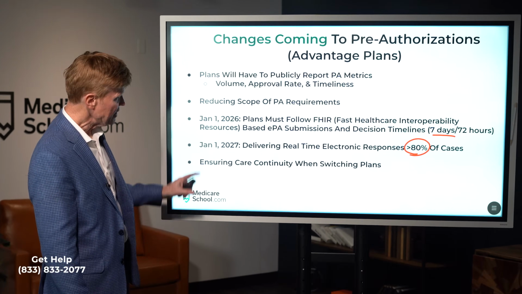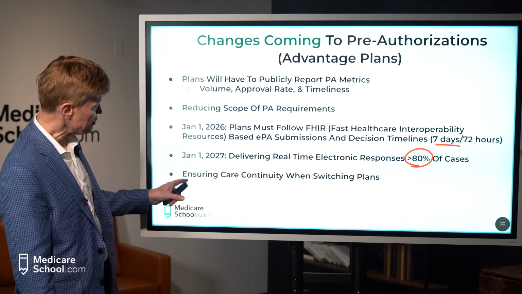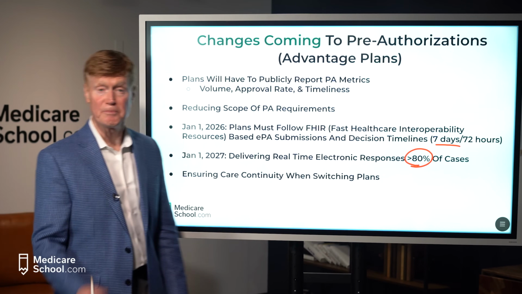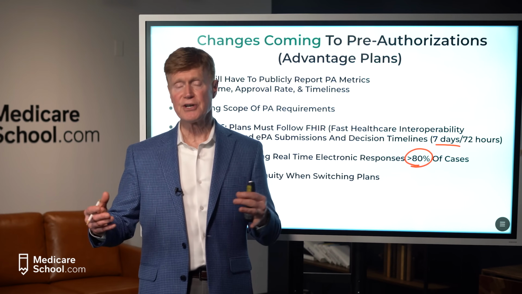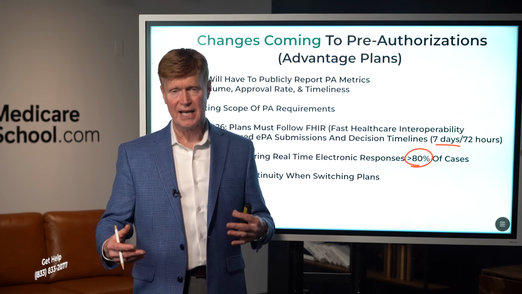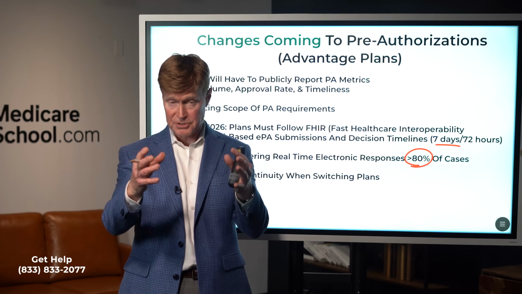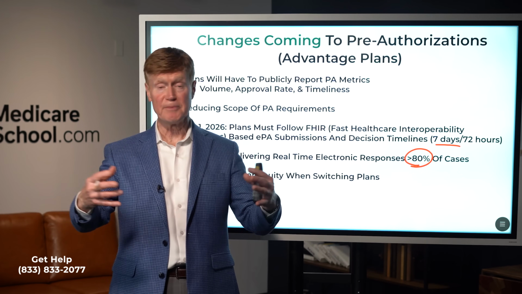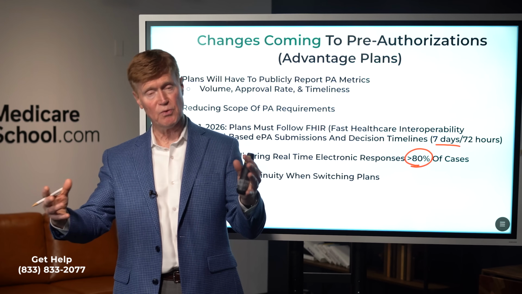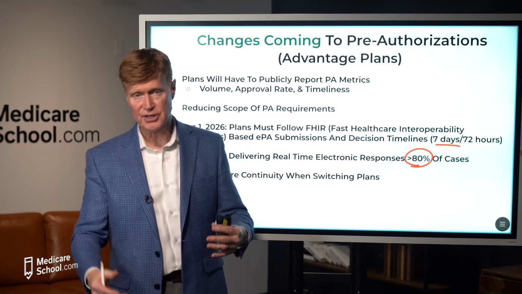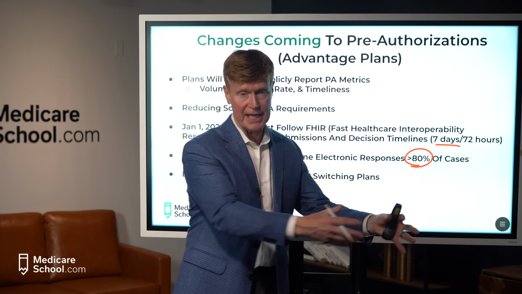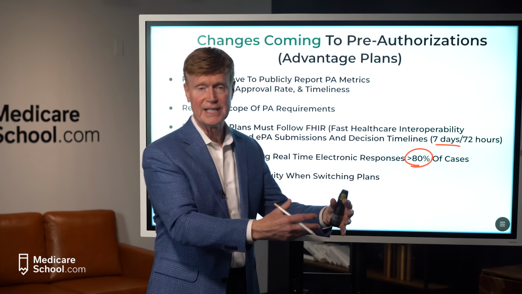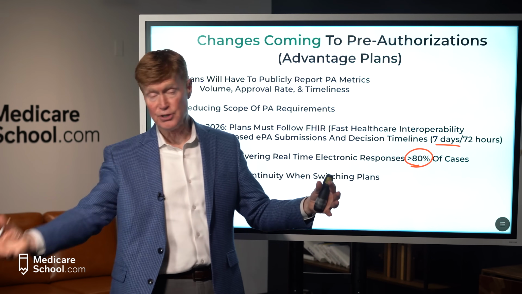All right, so notice this: ensuring care continuity when switching plans. This is a big deal because there are 2 times a year that people can switch Advantage plans. We can do that October 15th through December 7th for an effective date of January 1, or we can do it the first 3 months of every year, January 1 to March 31. So if we switch Advantage plans, let's say we move from ABC Advantage plan to XYZ Advantage plan, and we had a prior authorization approval, in the old days, it didn't go to the new company.